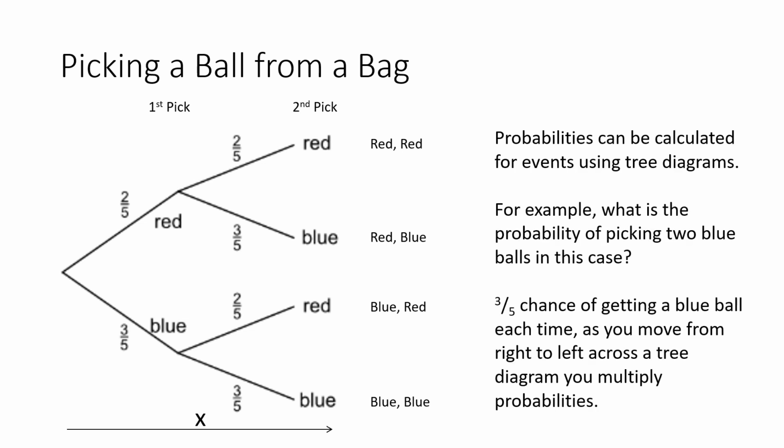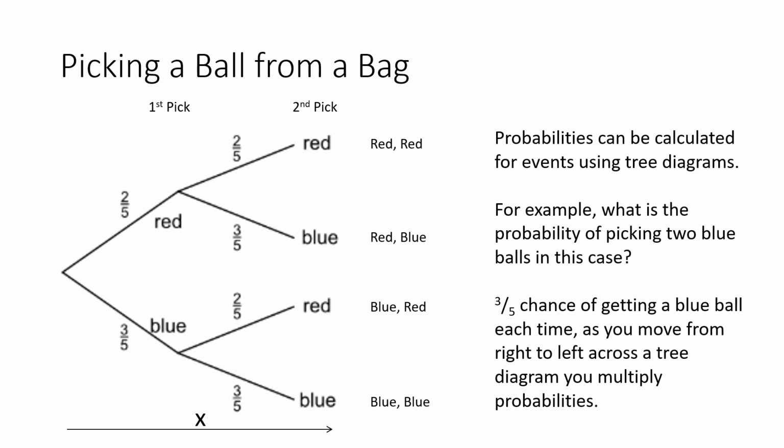Now, we can use this tree diagram then to calculate probabilities of different events occurring. For example, what is the probability of picking 2 blue balls in this case? Well, the chance of getting 2 blues will be I've got a blue and then a blue, which is the bottom of these branches. So what's my chance of getting the first blue? 3 out of 5. What's the chance of getting the second blue? 3 out of 5.